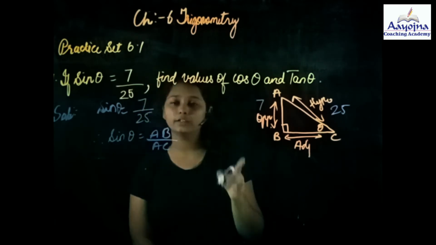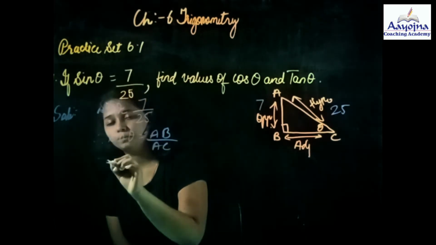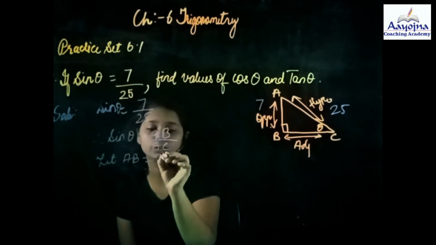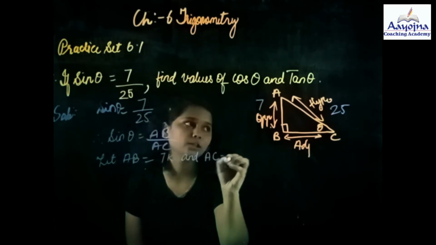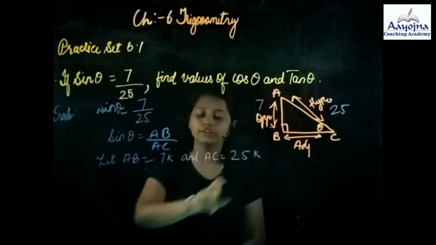And in this method we will take K everywhere after each number. So let AB is equal to 7K and AC is equal to 25K. So we have taken the K over here.